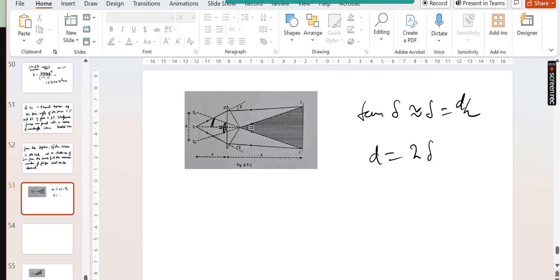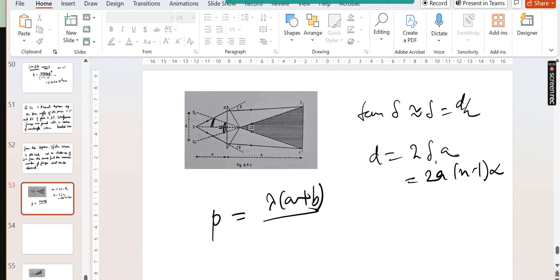So d is equal to 2 delta into a, that is 2a(n minus 1)alpha, and fringe width is beta equal to lambda (a plus b) by 2a(n minus 1) alpha. So d is actually a plus b.